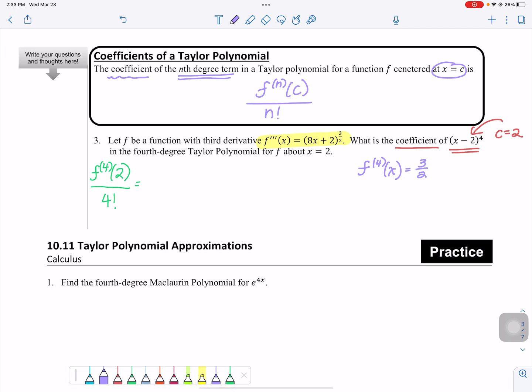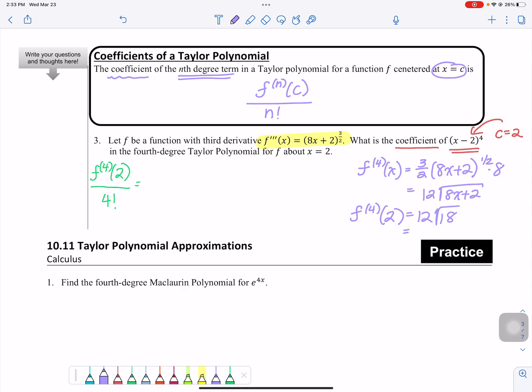That is equal to 3/2 times 8x plus 2 to the 1/2 power times 8. And that's equal to 12 times the square root of 8x plus 2. So the fourth derivative evaluated at 2 is 12 root 18.